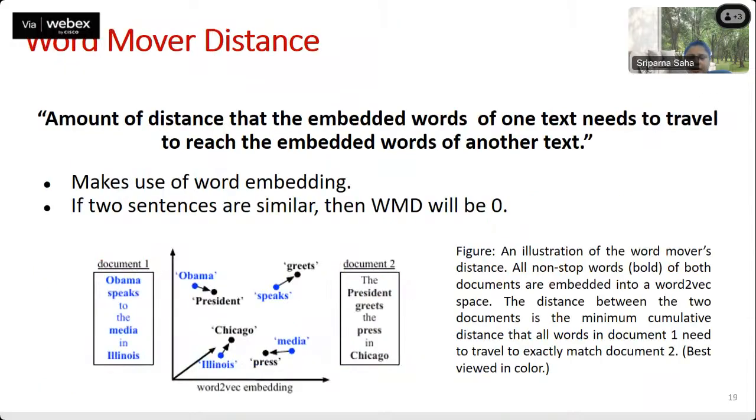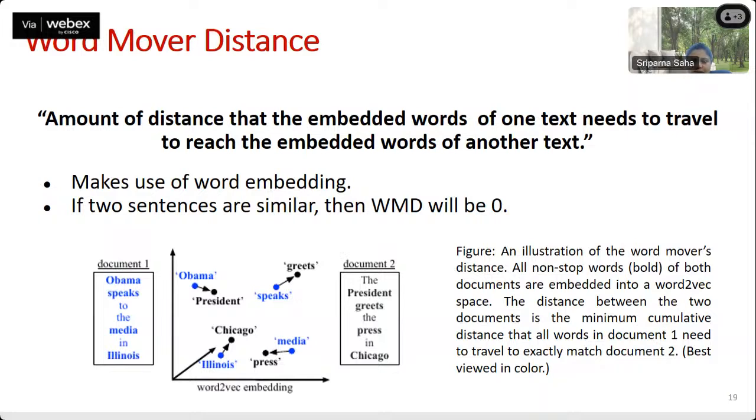In order to compute the semantic similarity between two sentences, we have used the word mover's distance. The word mover's distance is the amount of distance that the embedded words of one text need to travel to reach the embedded words of another text.